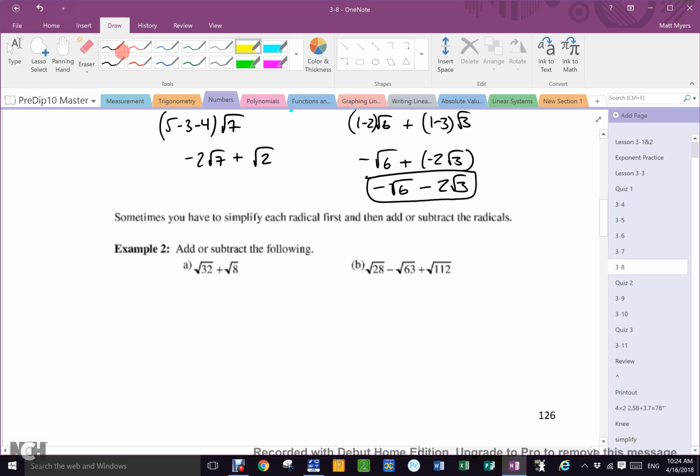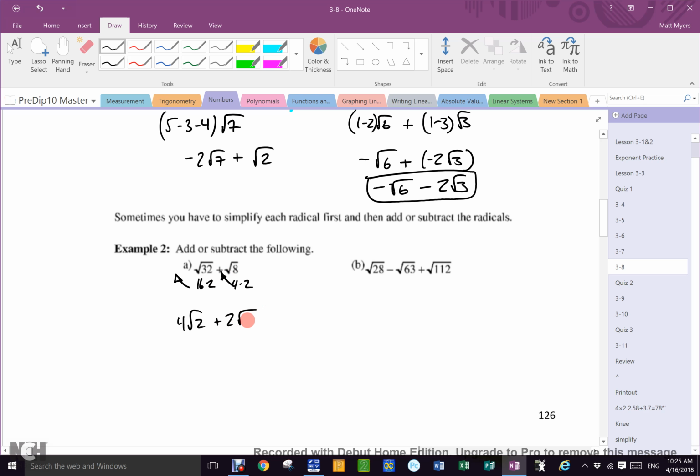What is the square root of 32? Well, isn't that 16 times 2? Yeah. What is square root of 8? Isn't that 4 times 2? What's the square root of 16? So what comes out? So I have 4 root 2, do I not? What's the square root of 4? 2. So what comes out? 2.